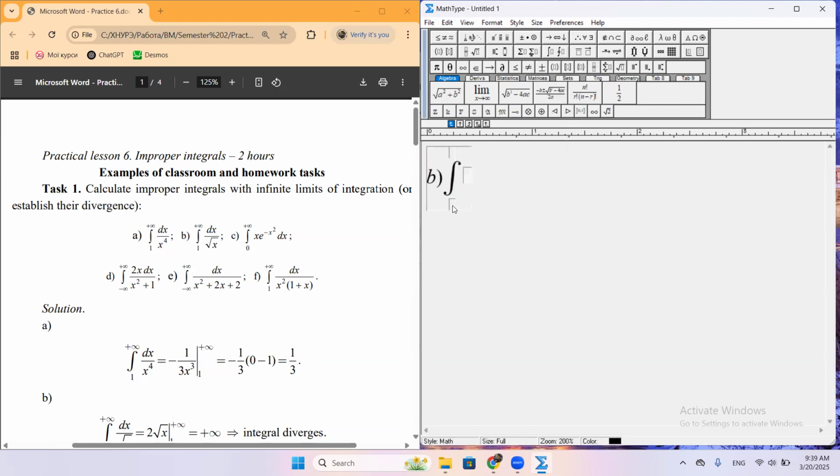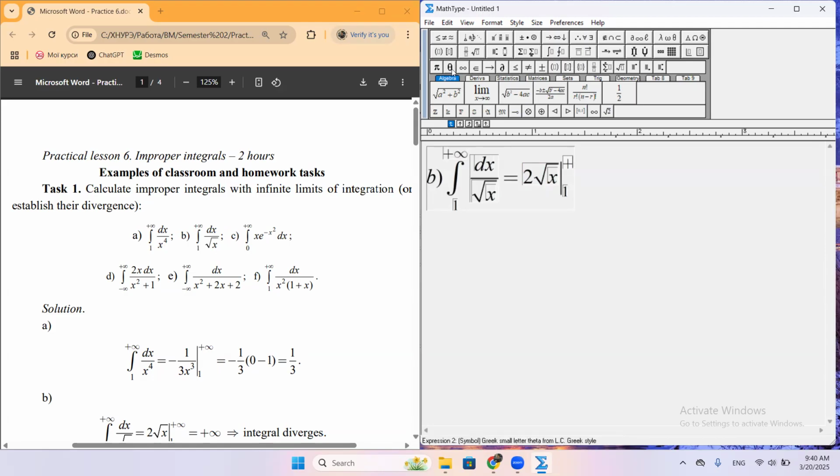So the next integral is the following. It is quite similar because we integrate a power function, and the antiderivative is the following. So with the substitutions from 1 to infinity, plus infinity.